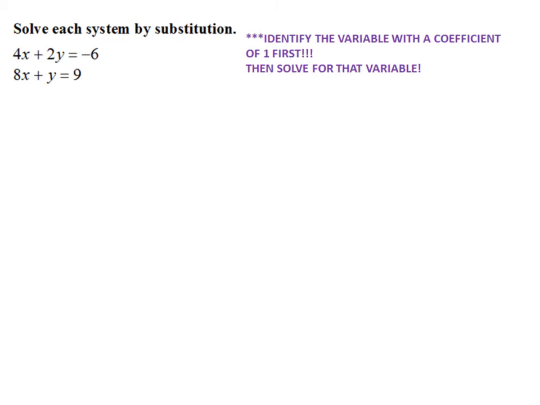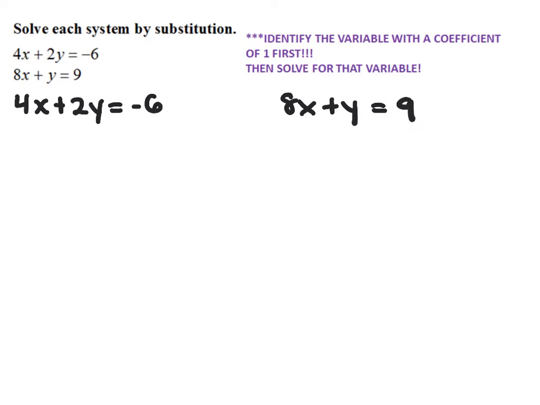In this example, our two equations are 4x plus 2y equals negative 6 and 8x plus y equals 9. Again, we first have to identify the variable with a coefficient of 1 and solve for that variable.